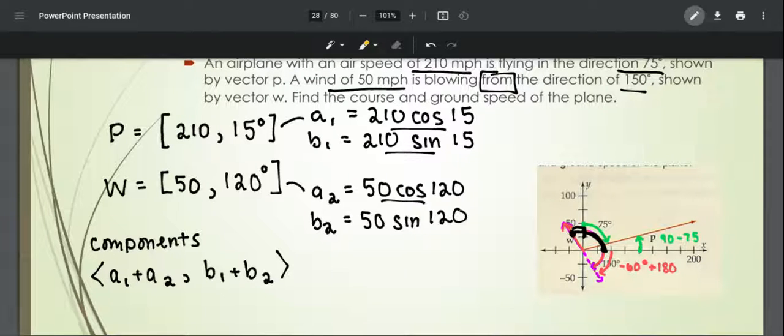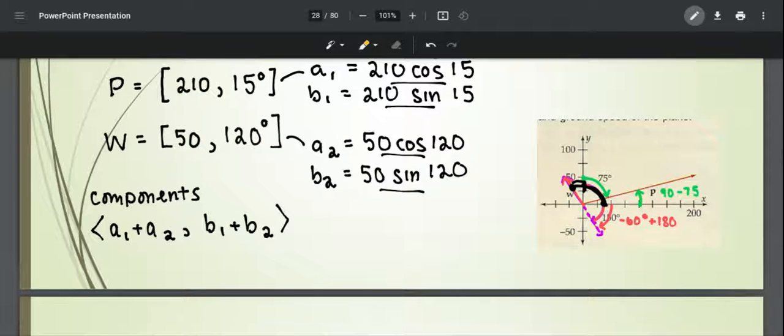So rather than calculating each of these individually and having to write the decimal, what I would recommend is that in your calculator, you actually just type in your components. So for your A1, you type in 210 cosine 15, close your parenthesis, and then you would add that to your A2 component, which is 50 cosine 120. So just type that all in one line.